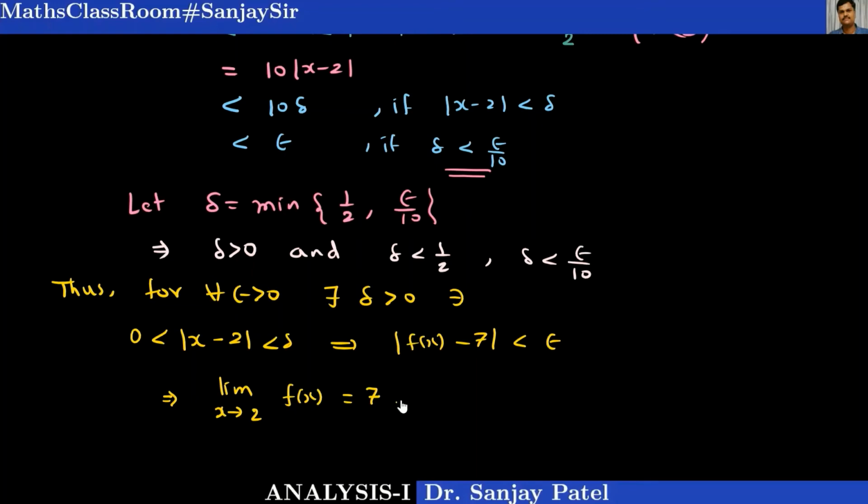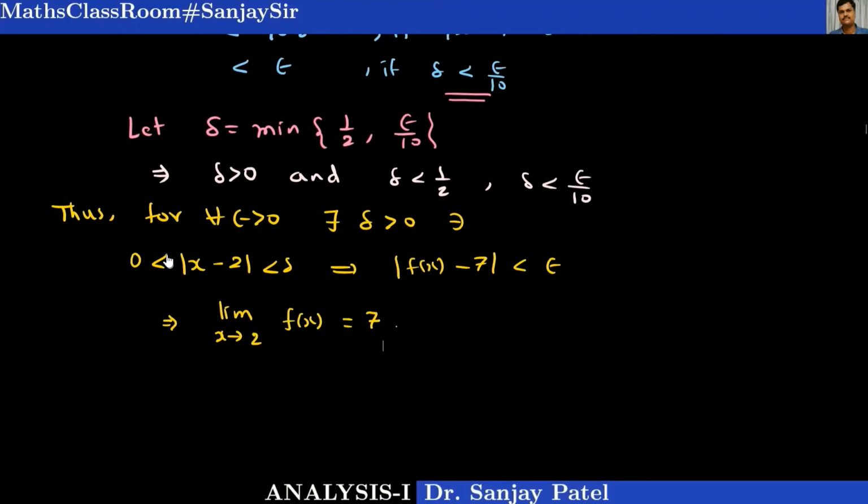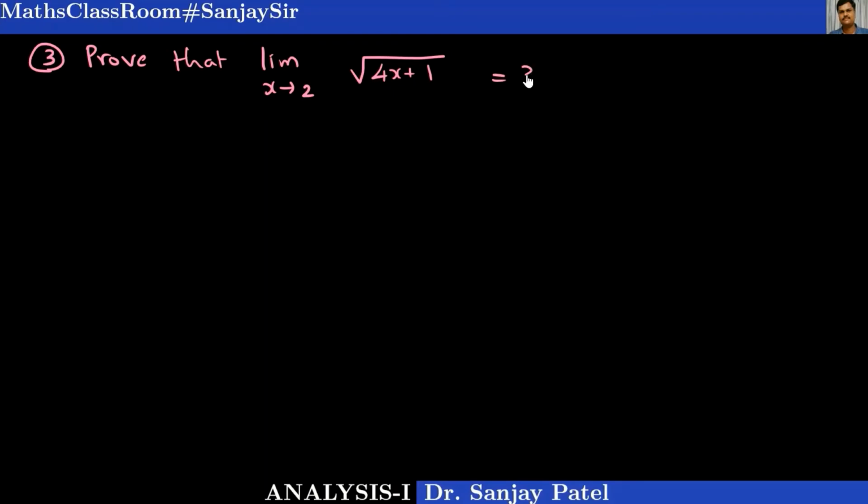Let us take another different type of example. Okay, so let me take the third problem. Say, prove that limit x tends to 2 of square root of 4x plus 1 is equal to 3.